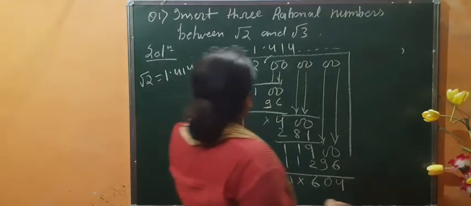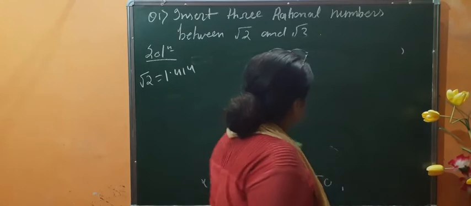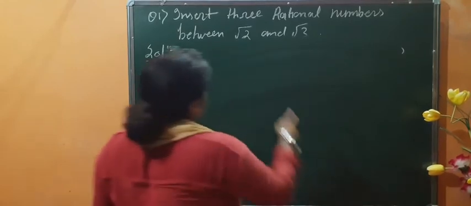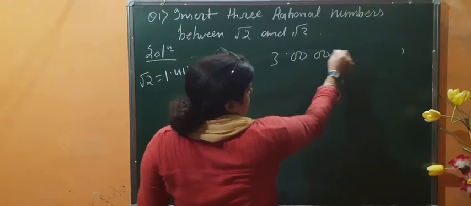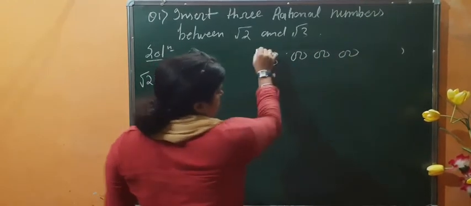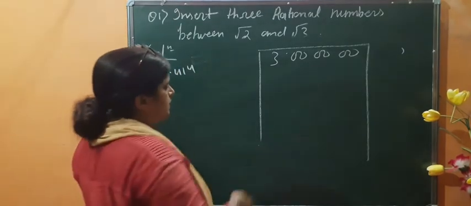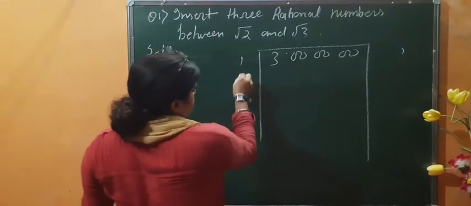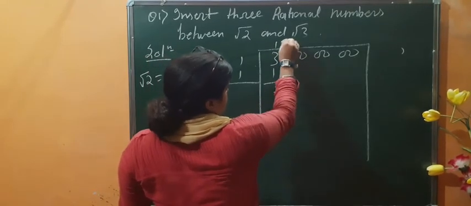Now we will find the value of root 3 by the same method. Let's see what I will do. Again I have taken 3 in the middle and 3 pairs of double zeros. So 1 times 1 is 1, and this decimal will be here.